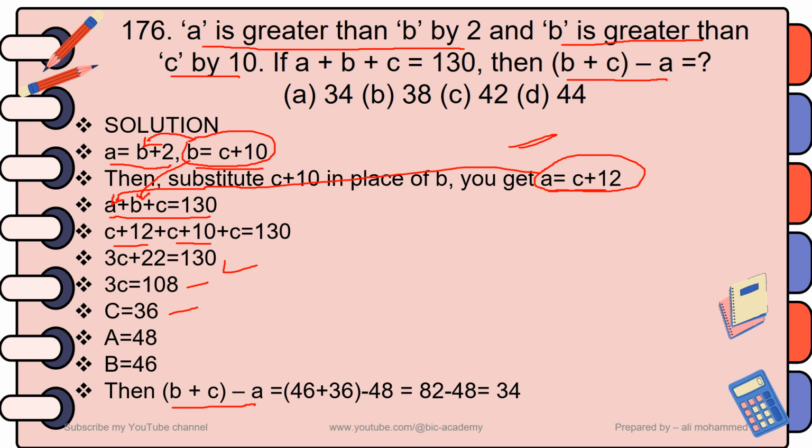In a bracket, 46 plus 36 minus 48. Now first you have to perform the operation in the bracket. So you get 82 minus 48. And your answer for the given equation is 34. So your answer for this question is choice A.